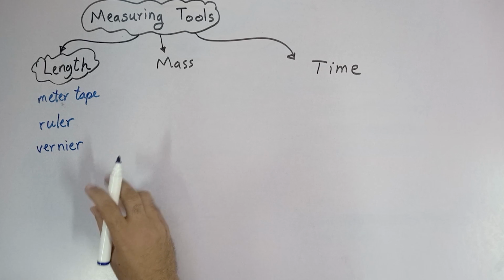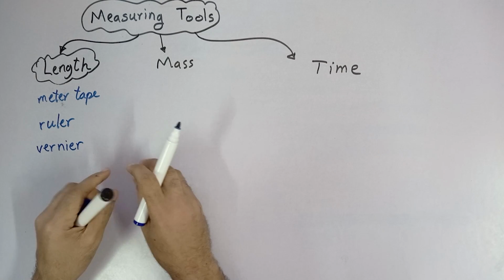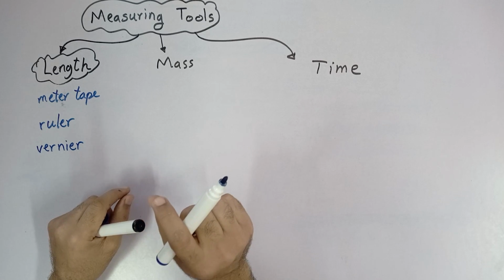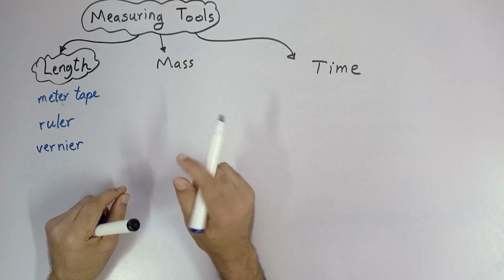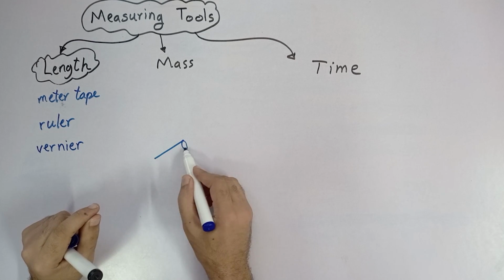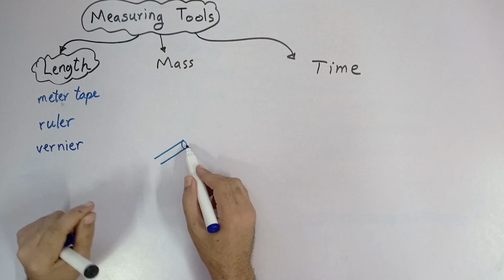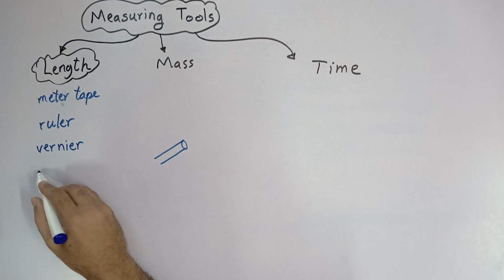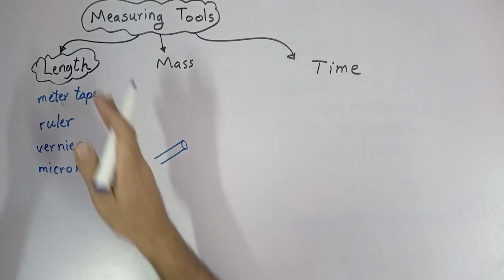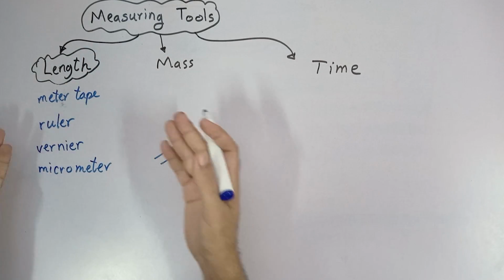If you want to measure a very short distance, like the diameter of one hair, you have to use a micrometer. Okay, these are the tools to measure length.